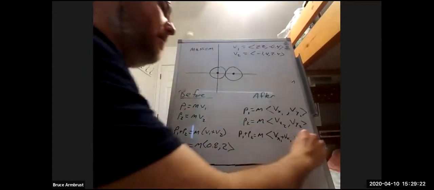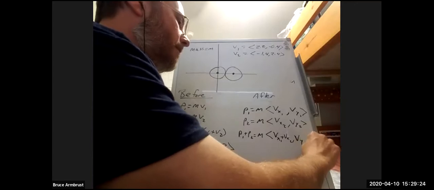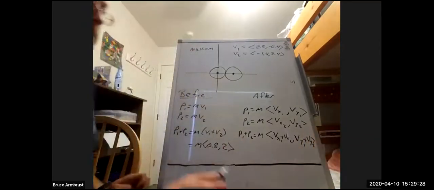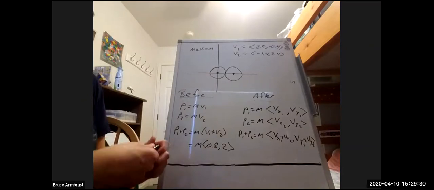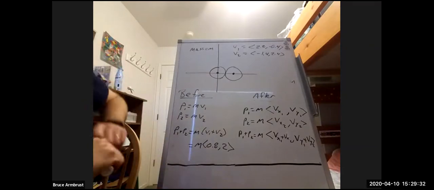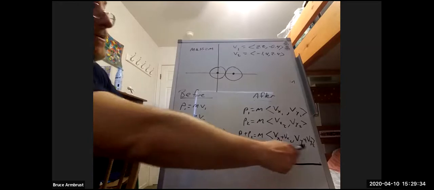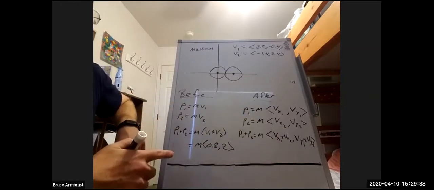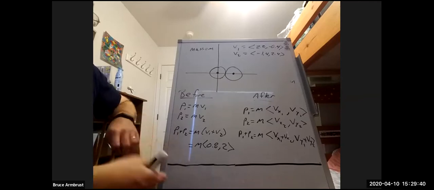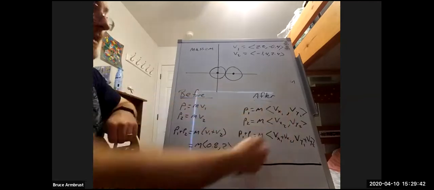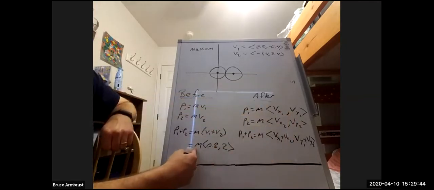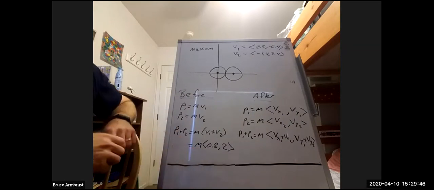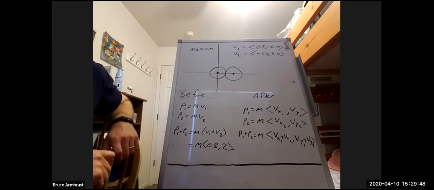So I'm going to get Vy1 plus Vy2. So a bunch of unknowns. I have no idea what those are, but I do know that however these things get added together has to be the same as what I had before the collision.